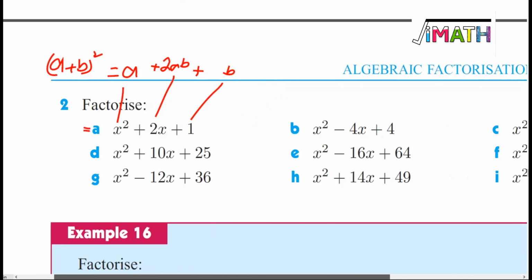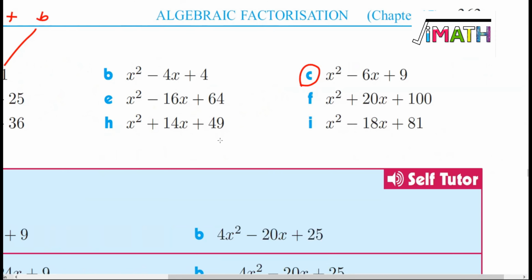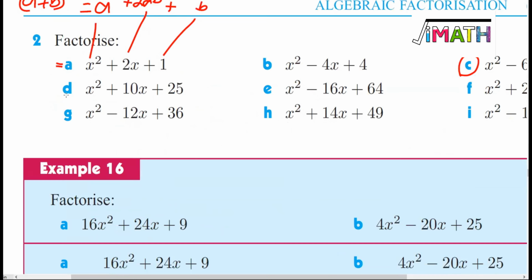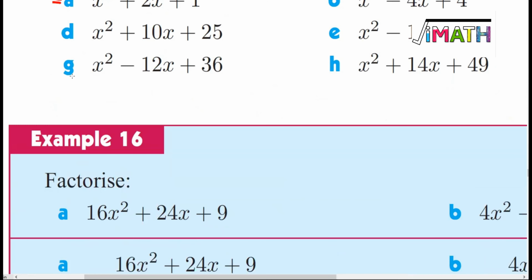And what do you think about question C? Here it would be x minus 3 squared. Lovely. You are getting your pace. What do you think about G?